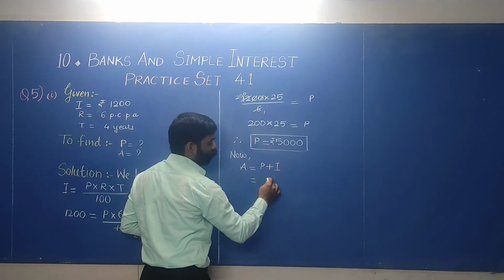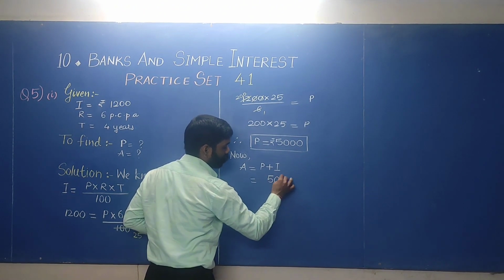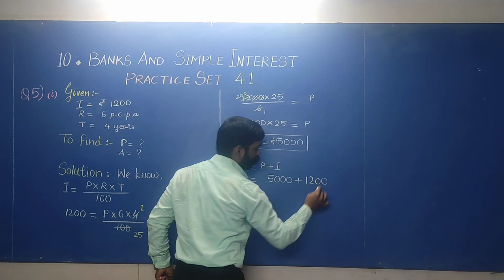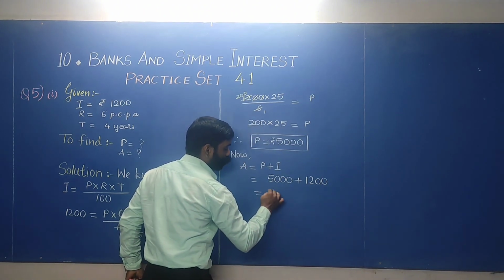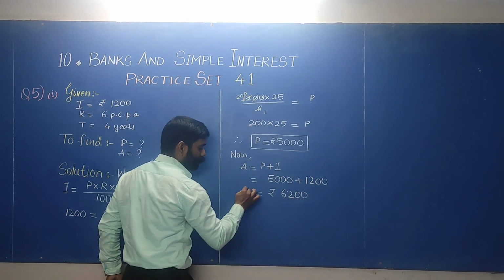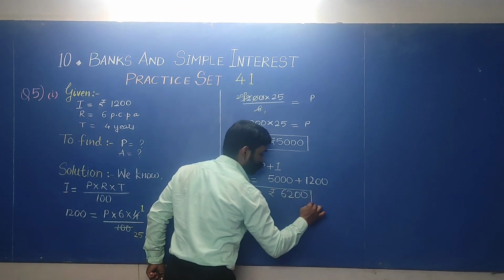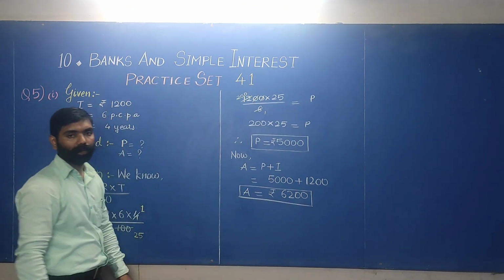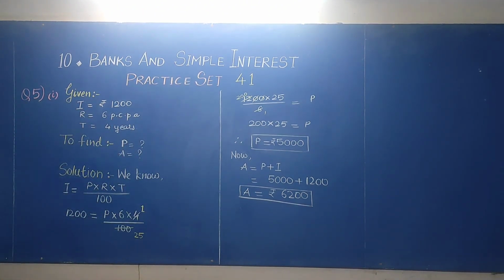Principal we found as 5000, interest we have been given as 1200. So we will add both of these, we will get 6200 as amount. This is simple. I hope you might have understood. Take the screenshot.